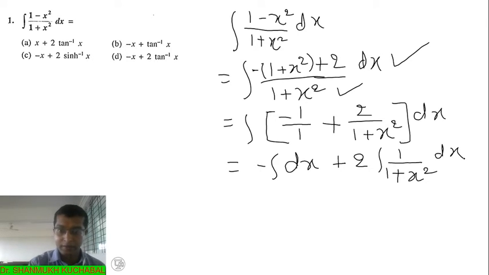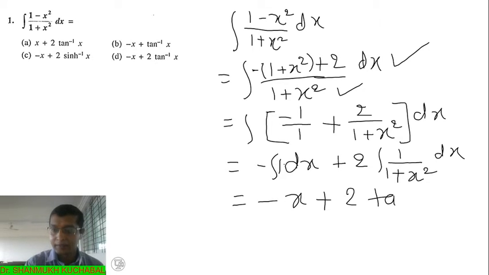So further, minus as it is, integration of dx or 1 into dx is x. Further, 2 as it is, integration of 1 divided by 1 plus x square is tan inverse x, and the constant of integration plus c we can write because it is an indefinite integration.